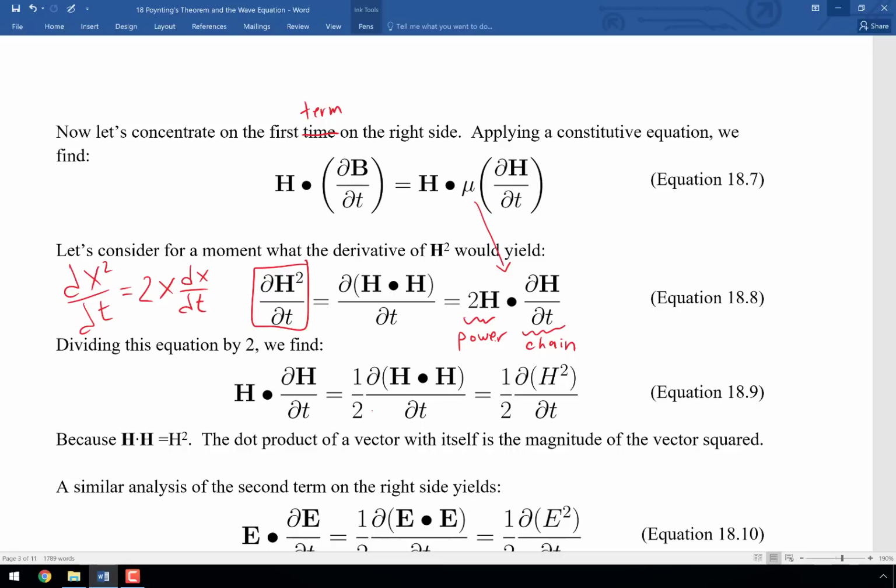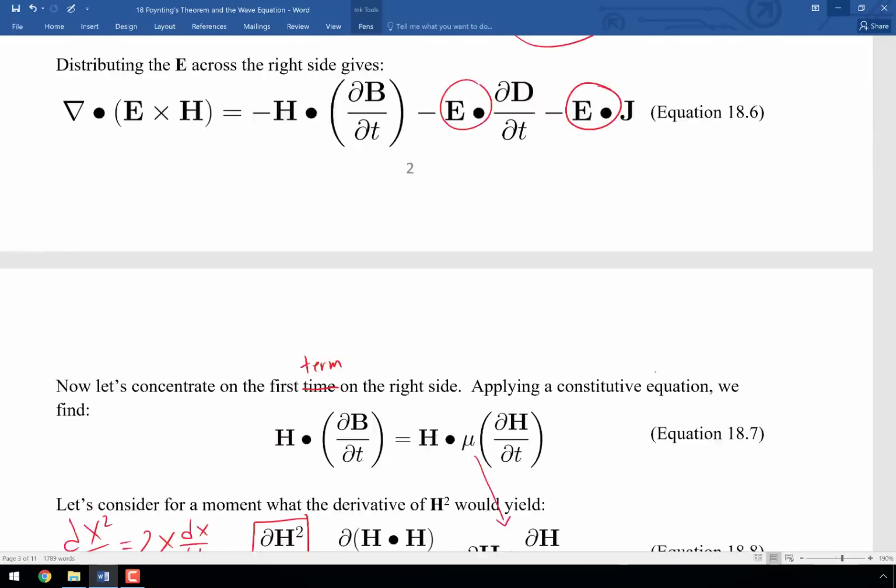It's going to be a scalar quantity. If you dot product a vector with itself, you simply get the magnitude squared. So it's not an accident that this is not bolded. That's actually a scalar quantity, and since it's a scalar quantity, it's going to make it easy for me to plug it back into the equation. A similar analysis on the second term.